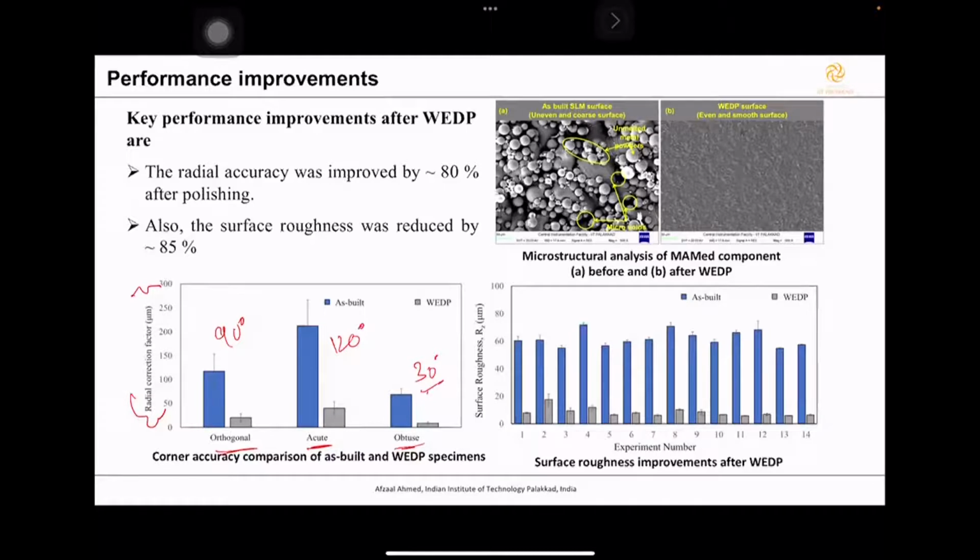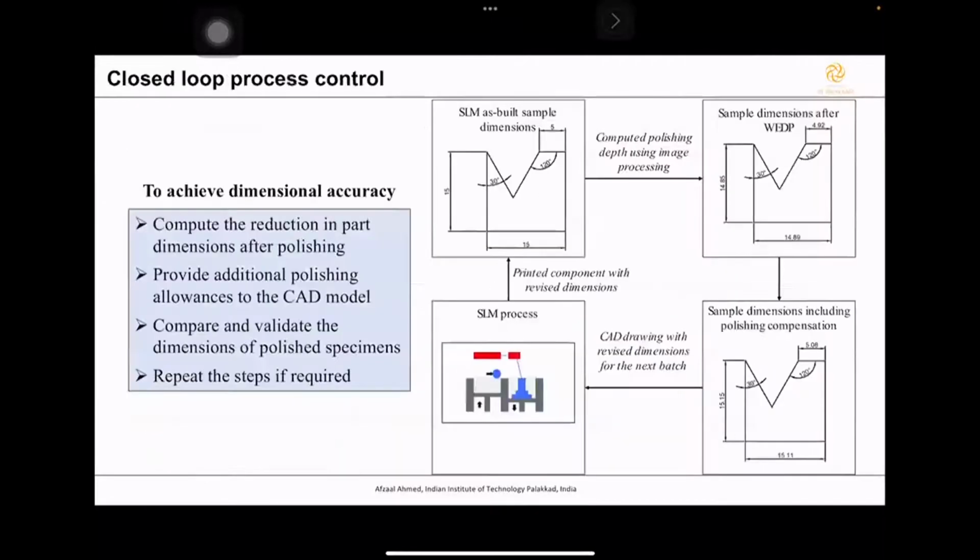Okay, so now how does this help us? We have planned, or we have been working on, a closed loop system now to implement these things into the next printing cycle, so that the next printing cycles will be much better compared to the existing printed samples. So you can see here, let's say this is my sample, with a 30 degree angle, a 120 degree angle, and a 90 degree angle here.